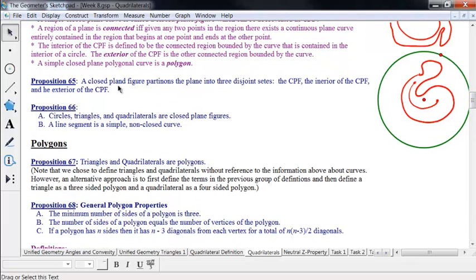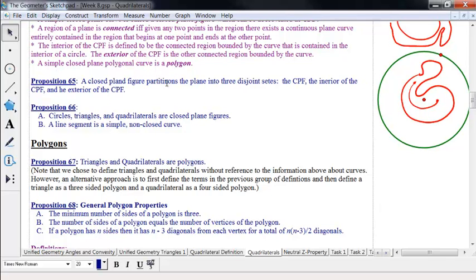Okay, we have some theorems about closed plane figures here. A closed plane figure partitions the plane into 3 disjoint sets: the closed plane figure itself, the interior of the closed plane figure, and the exterior of the closed plane figure.